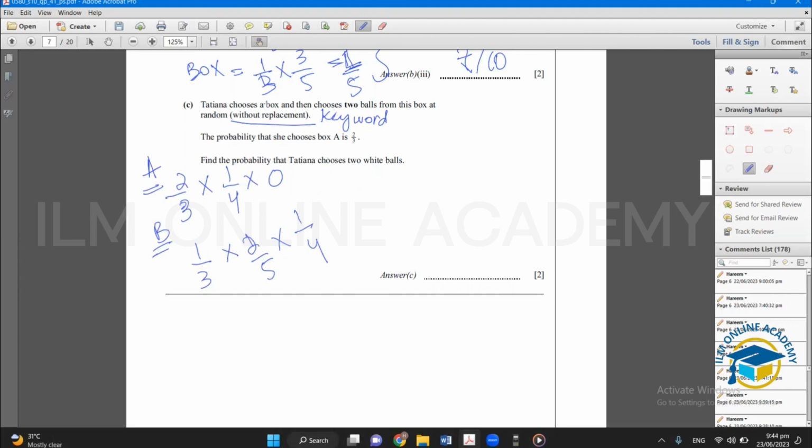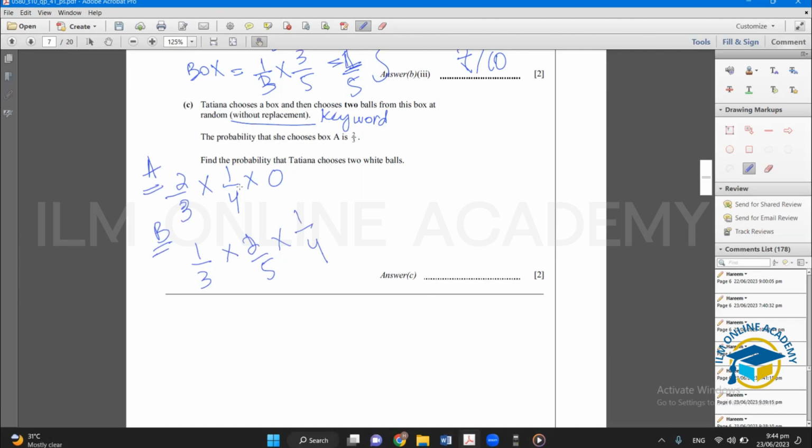Now let me tell you one thing. The keyword is replacement. If we talk about this, Tatiana has chosen one ball. Now she has to choose the second ball without replacing the first with another. If you have chosen one ball, now it's fixed. For example, in box B, she has taken one white ball out of the box. Now we won't take the probability from the total of 5, because one has already been eliminated.